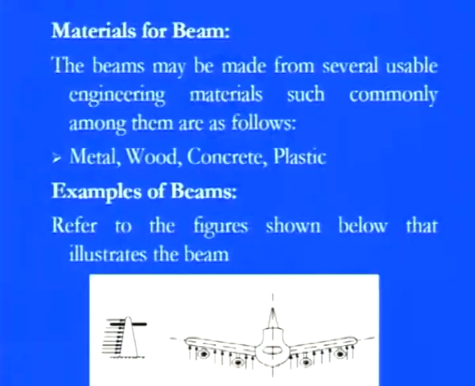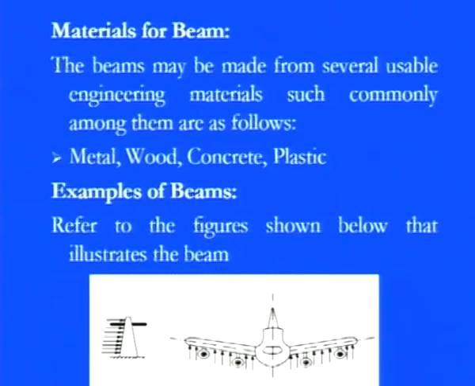Now, once you define the cross section of any beam, our main focus is the material for the beam. Beams may be made from several usable engineering materials based on what exactly the application is.